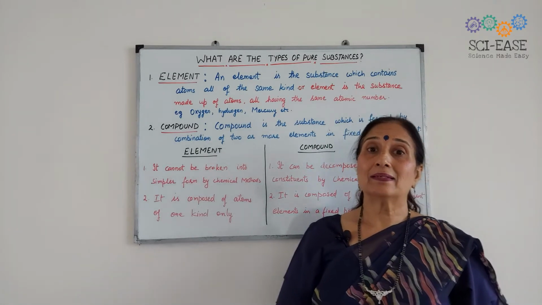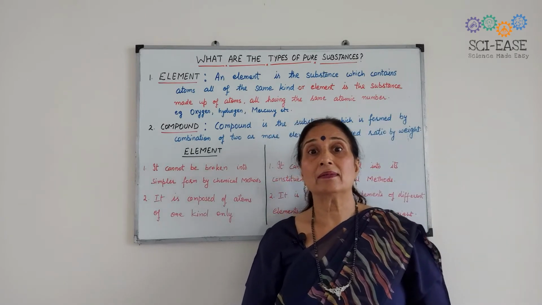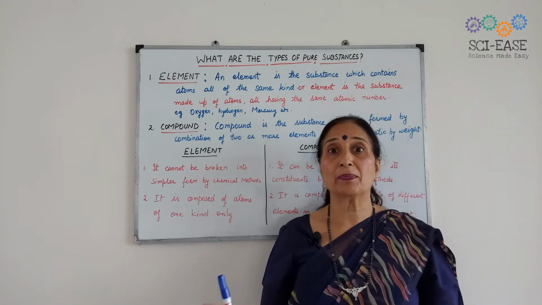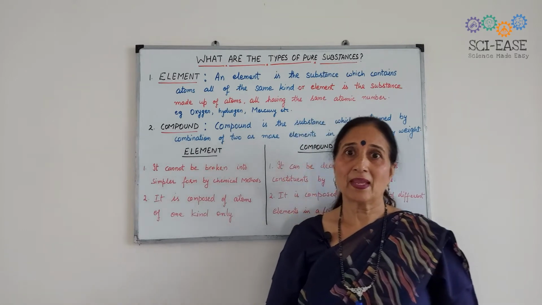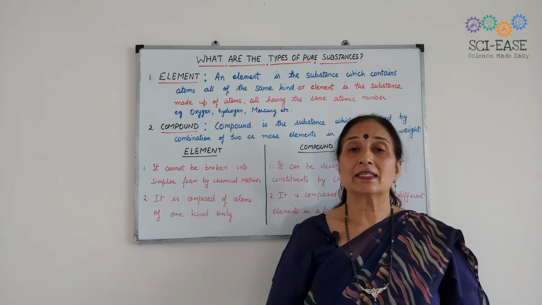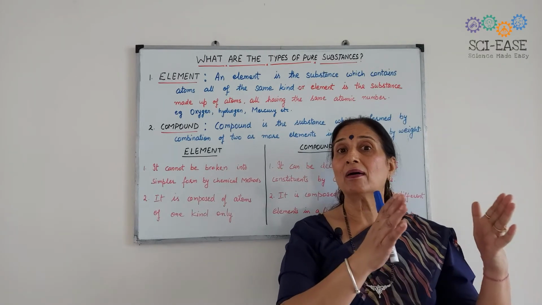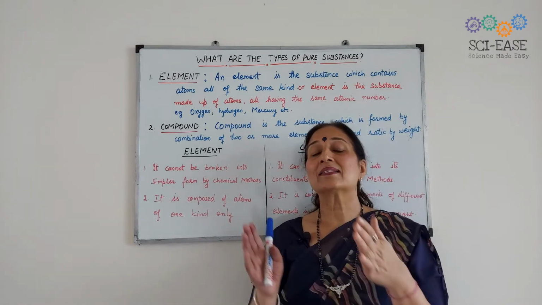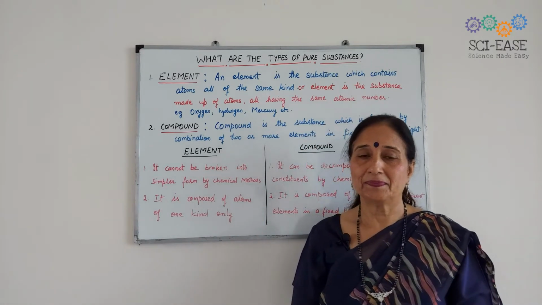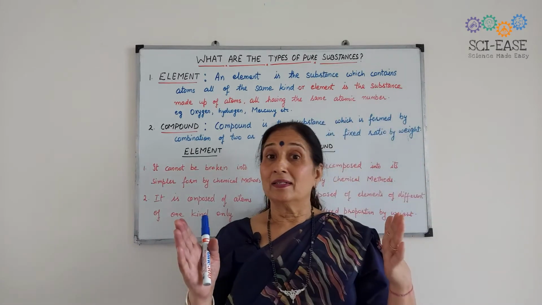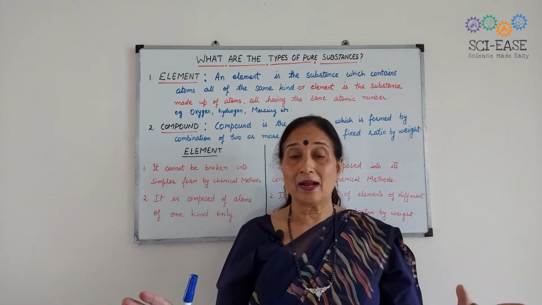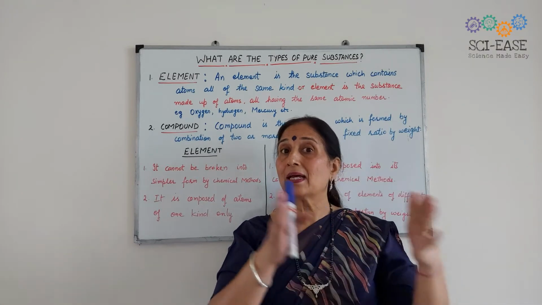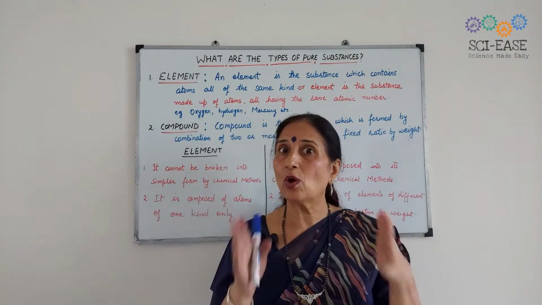You know that there are more than 118 elements in the long form of the periodic table. And out of these elements, some are metals, some are non-metals, and some are metalloids.